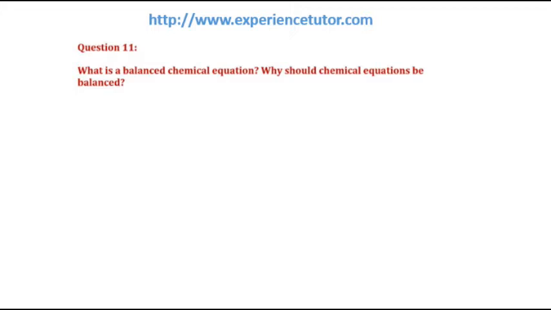Next question is, what is a balanced chemical equation? Why should a chemical equation be balanced? A reaction which has an equal number of atoms of all the elements on both the sides of a chemical equation is called a balanced chemical equation.